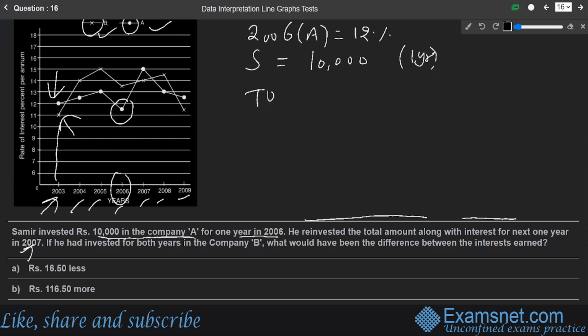The total amount will be nothing but the principal amount, that is 10,000 invested, plus the interest amount from this scheme.